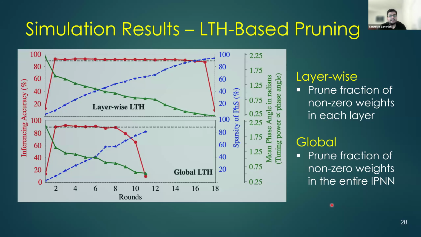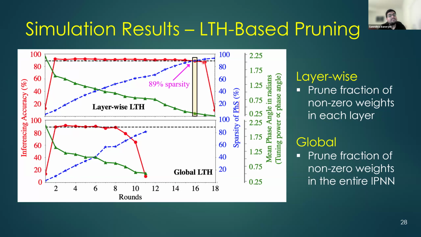And we see that with layer-wise pruning, we can now achieve up to 89% sparsity on the same network, where we stopped at 55% with just simple magnitude pruning. With global, the result underperformed a bit. It's still around 57%. The reason is that with global, the earlier layers very quickly have a very high sparsity.